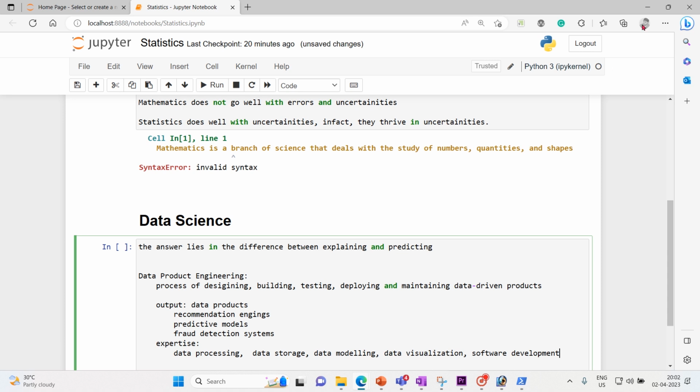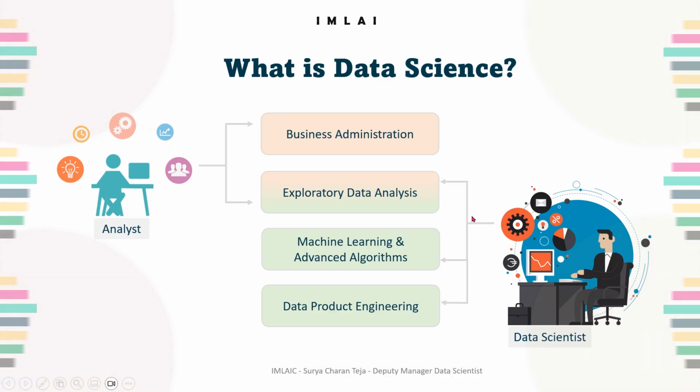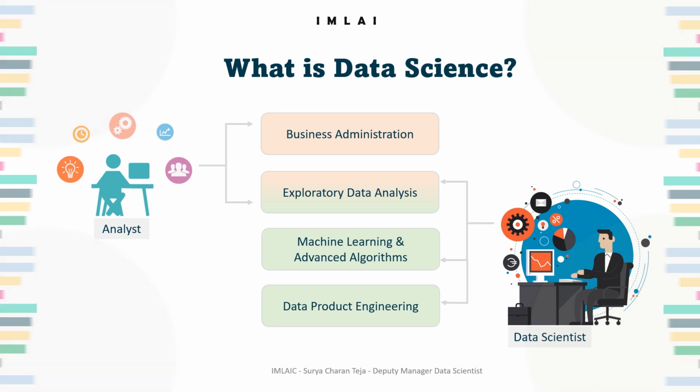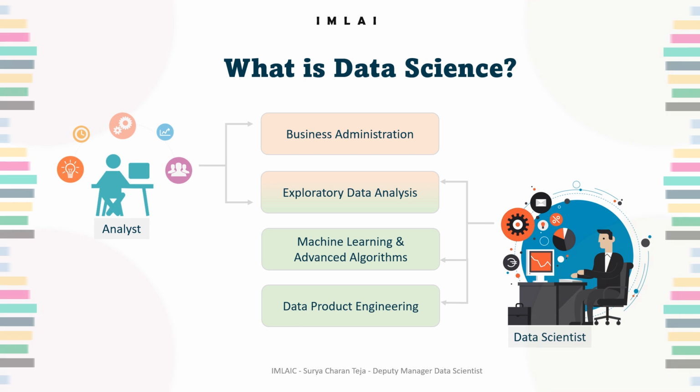Now let me sum it up, the major difference, everything together. As per my understanding, an analyst and a data scientist are both professionals who work with data, but they have different roles and responsibilities.